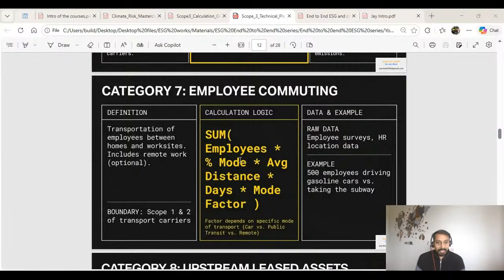For those doing remote work, the energy consumption will come under a different category. So this category highlights workforce mobility patterns, that is, how they are commuting to work. For that, we have to calculate the employee commuting emissions under category 7.